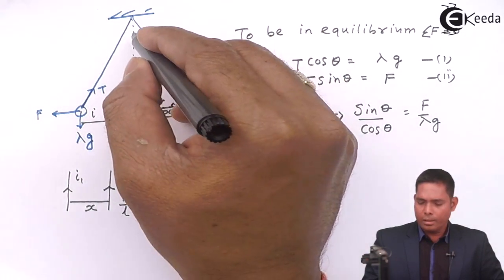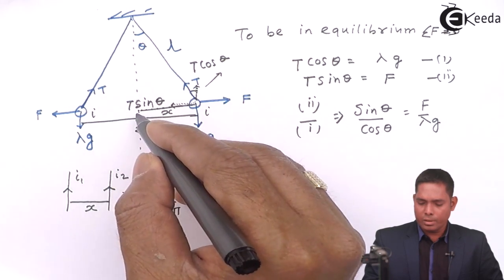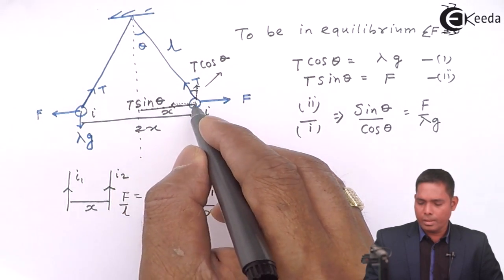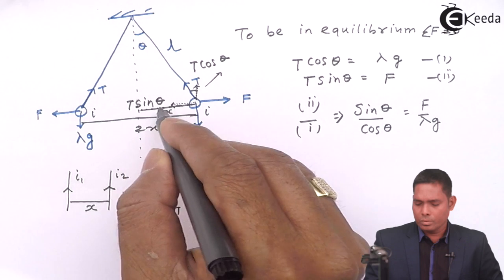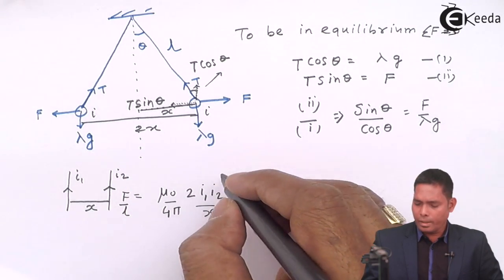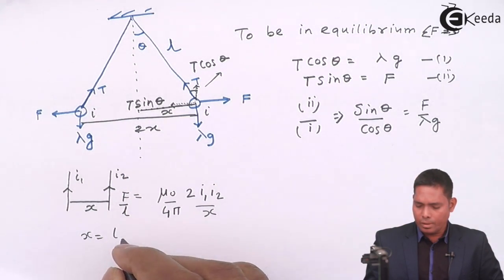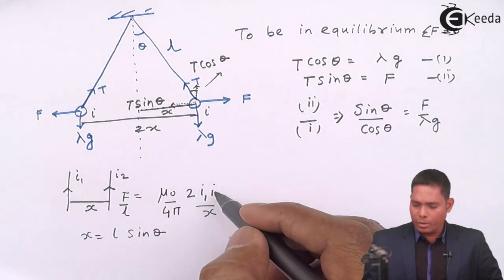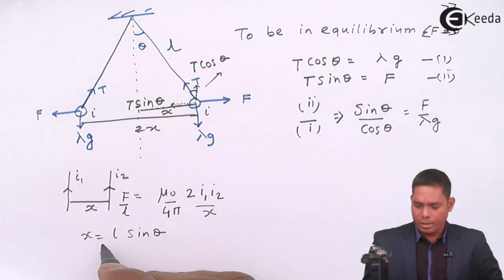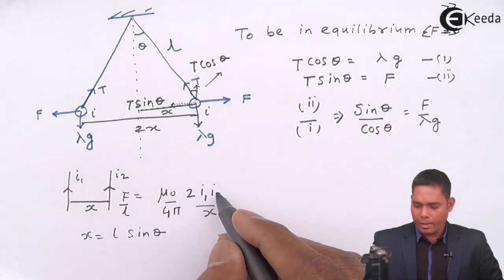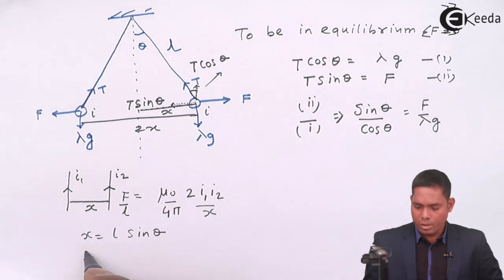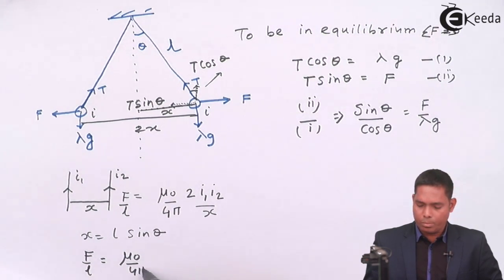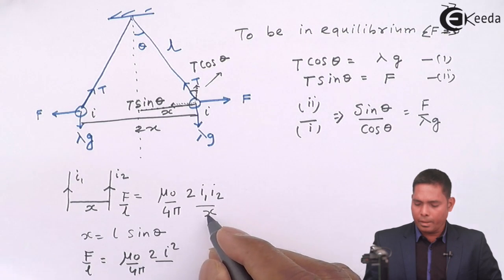If this is L, this is theta, this line will be L cos theta, and this will be L sin theta. Okay, so x comes out to be L sin theta, and the I1 and I2 are the same in the question, so I will write I square. The force acting per unit length will come out to be mu 0 upon 4 pi 2 I square divided by x.